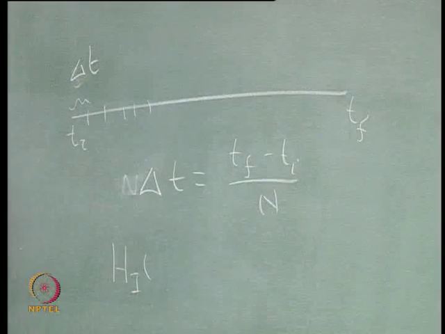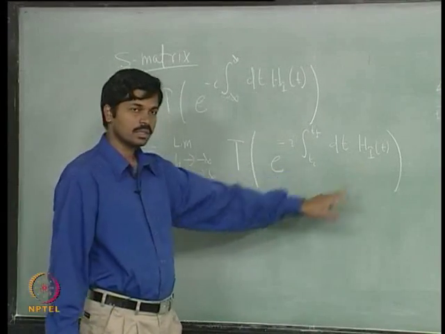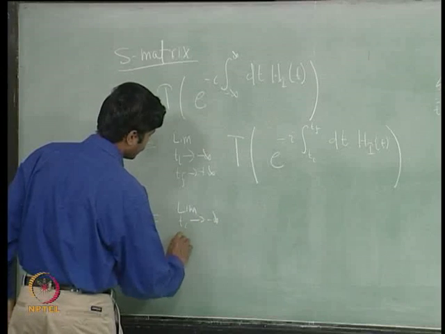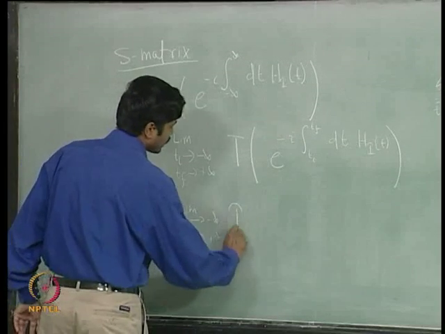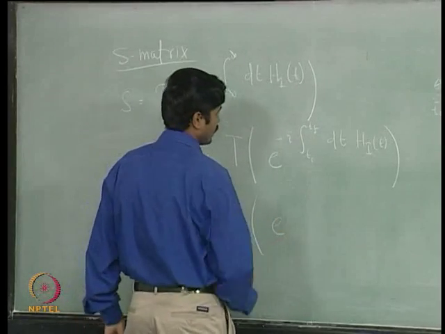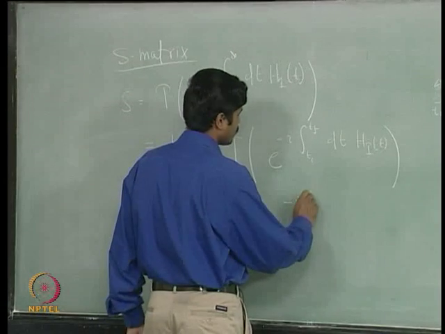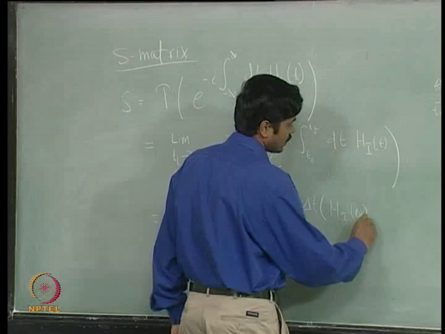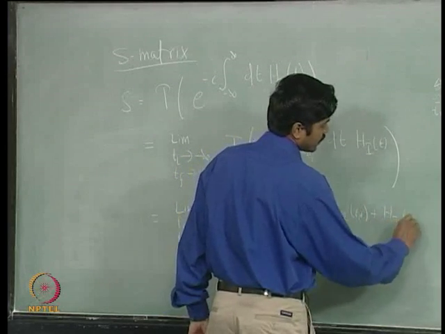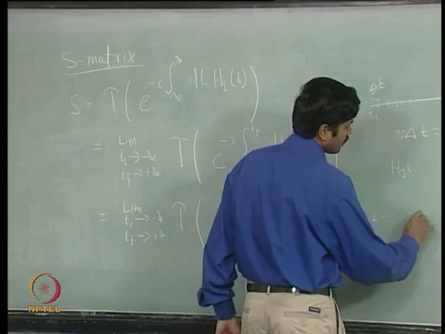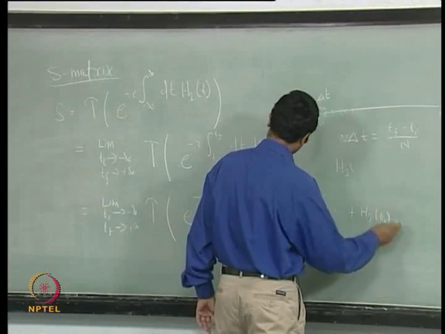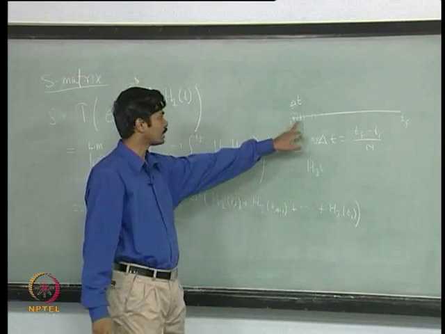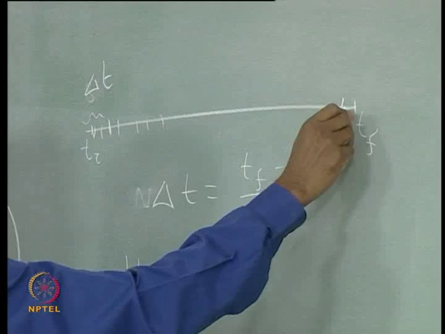So, this is the limit T i goes to minus infinity, T f goes to plus infinity, of the time ordered product of e to the power minus i delta t times h I of t n plus h I of t n minus 1 and so on plus h I of t 1, where t n is the midpoint of the first interval, t n minus 1 is the midpoint of the second interval and so on, and t 1 is this point here.